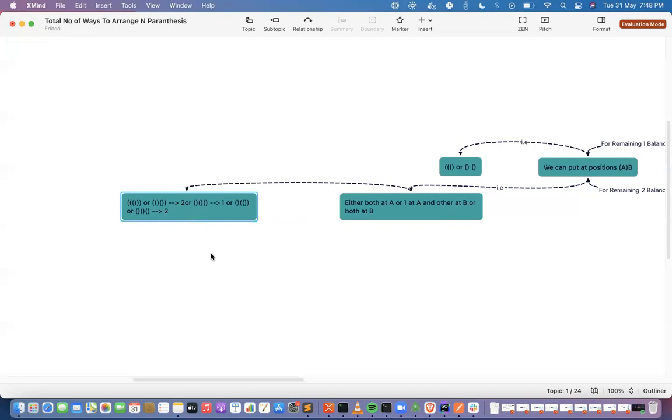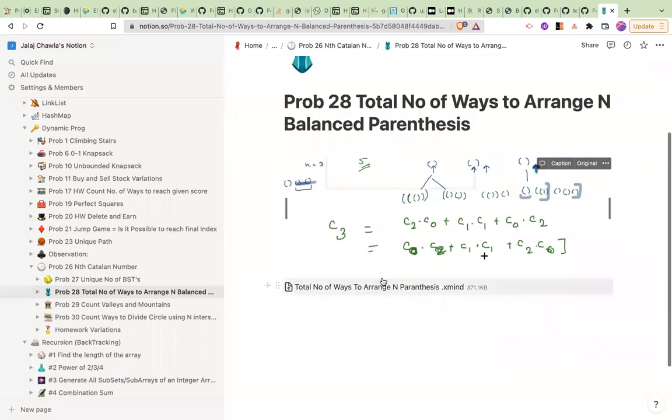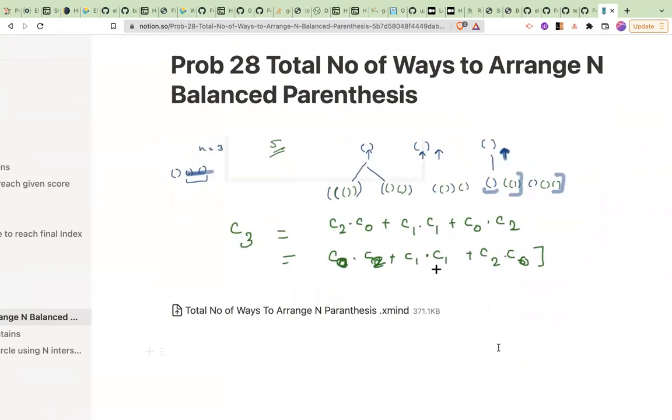So if I want to relate the same with the Catalan number, see this. For n equals 3, how was I thinking? As I was telling you, you can place at position A, which is inside, or you can place at position B, which is outside, right?